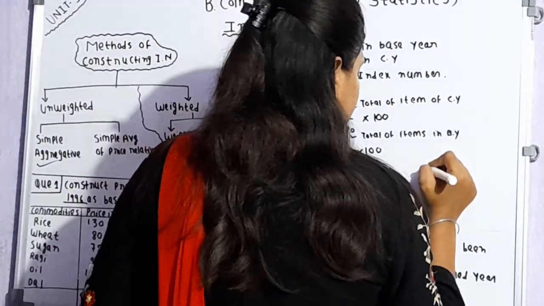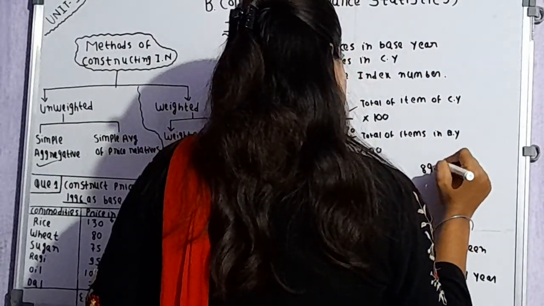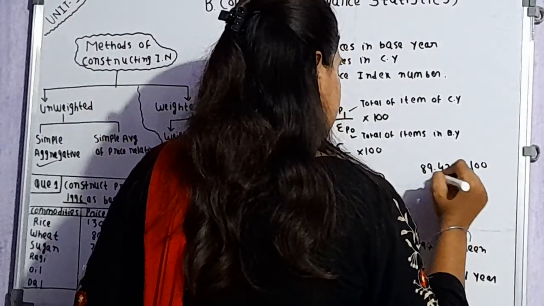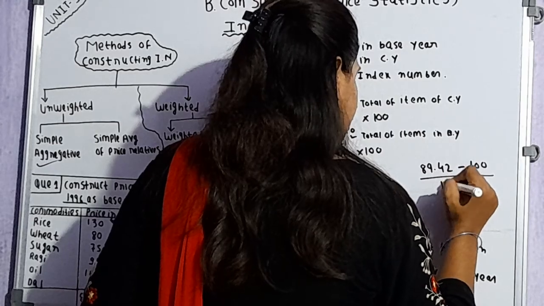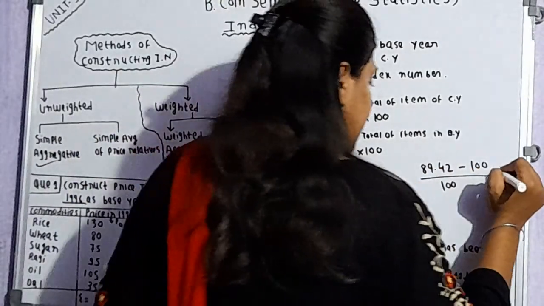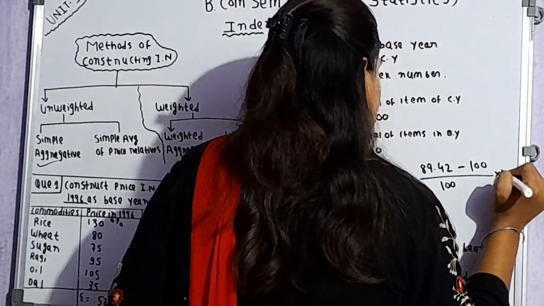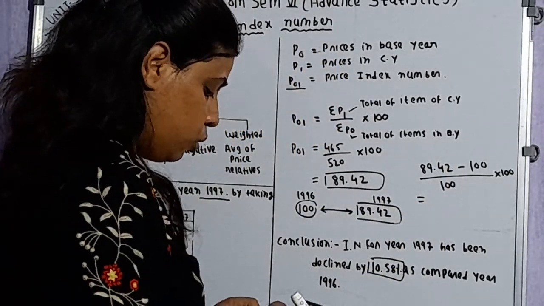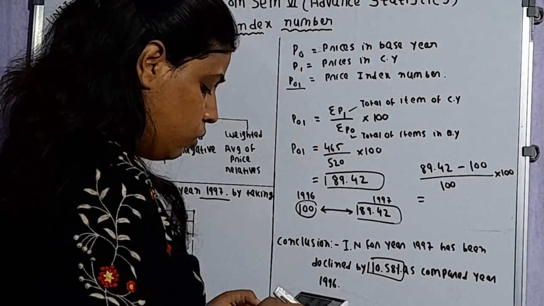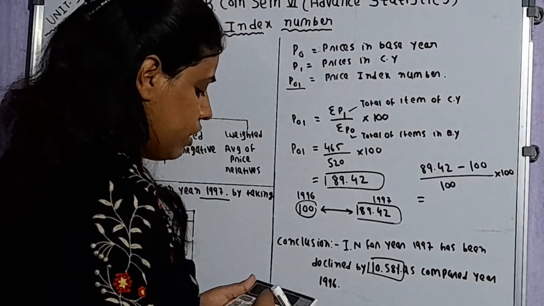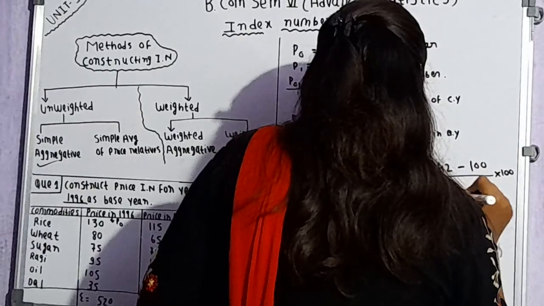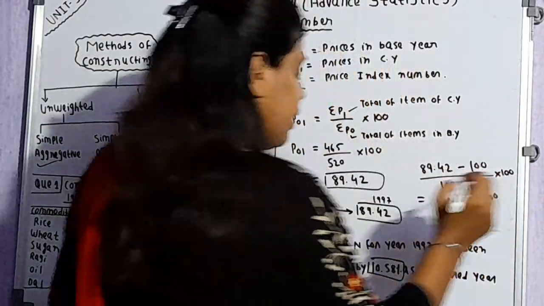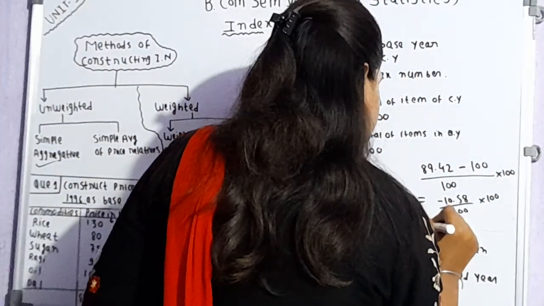Price of current year 89.42, price of base year 100, divided by 100 because the price of base year is 100, and we multiply by 100 since we have to find the percentage. So 89.42 minus 100 equals minus 10.58, upon 100 into 100, and when you simplify it you will get minus 10.58%.